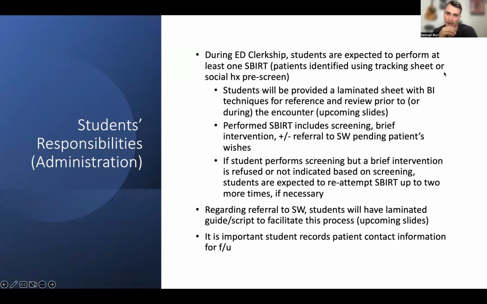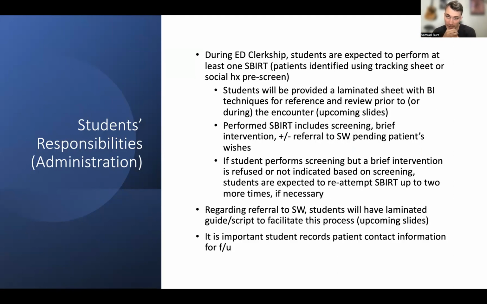Okay, so regarding the administration of the SBIRT, we're now past training. During the clerkship itself, students will be expected to perform at least one of these screening, brief intervention, and referral to treatment processes with a patient. These patients will be identified in one of two ways.